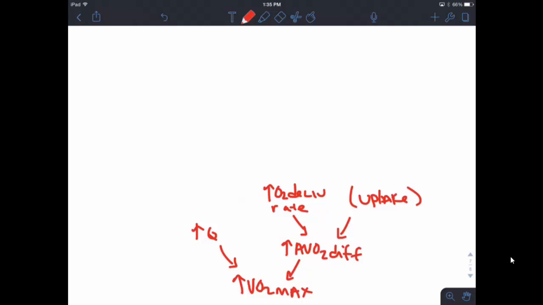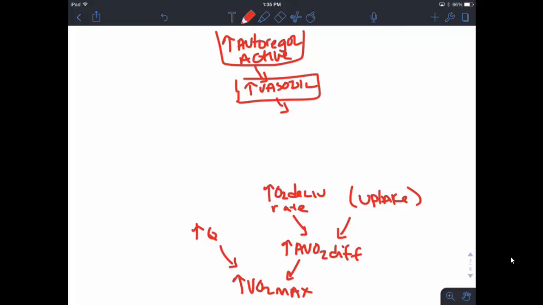So coming off the top of your map, what you're going to have is an increase in autoregulation by the active tissues. Okay. And that means more vasodilation by the active tissues, which means greater radius in the active tissues.